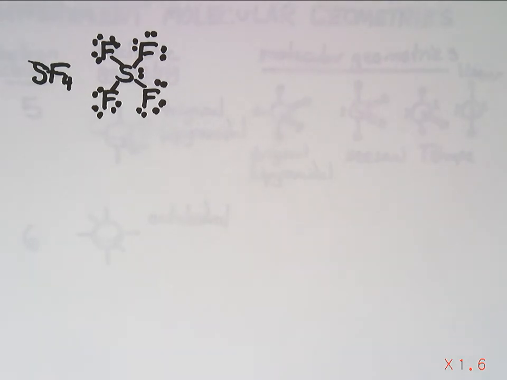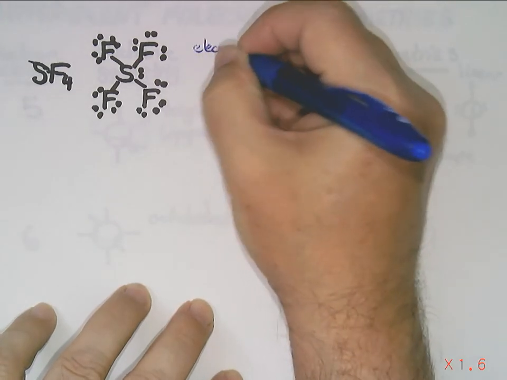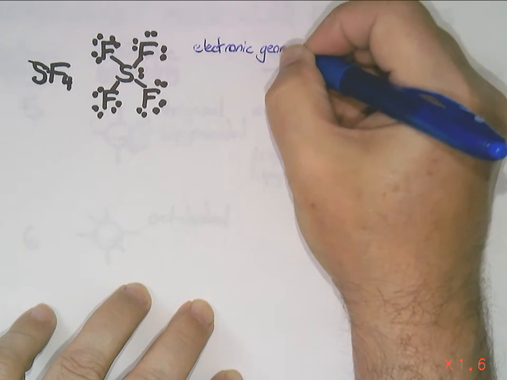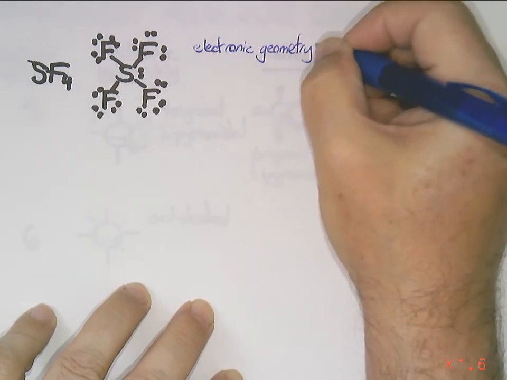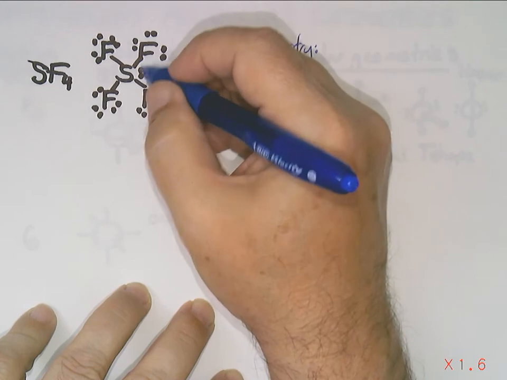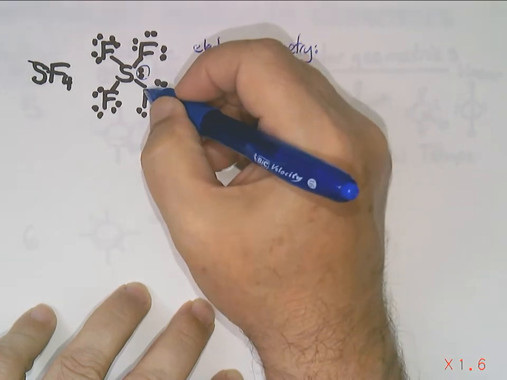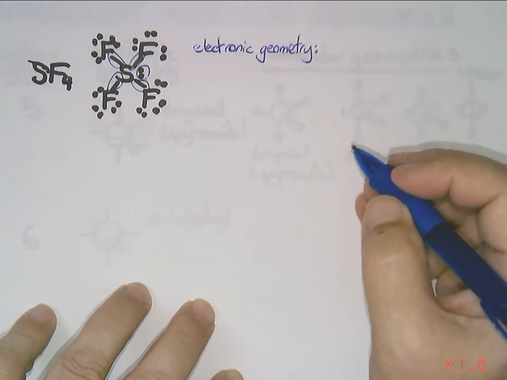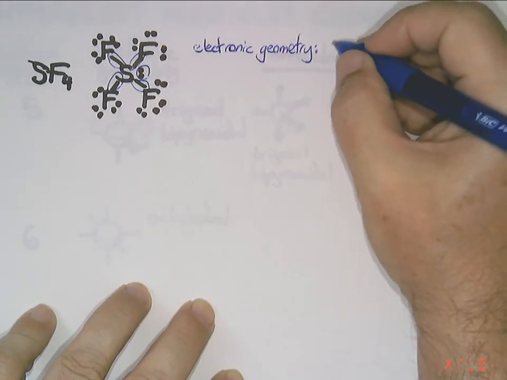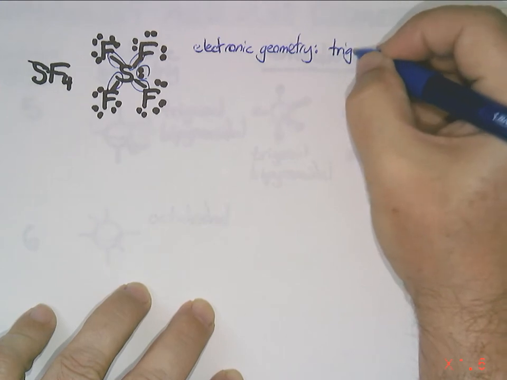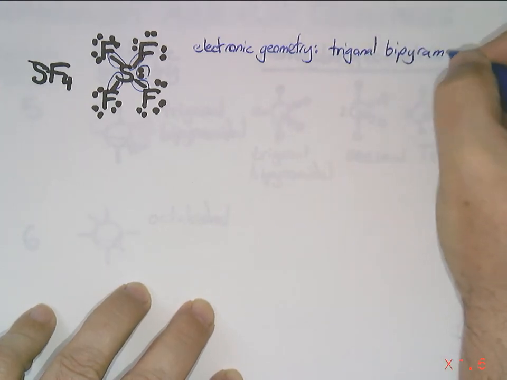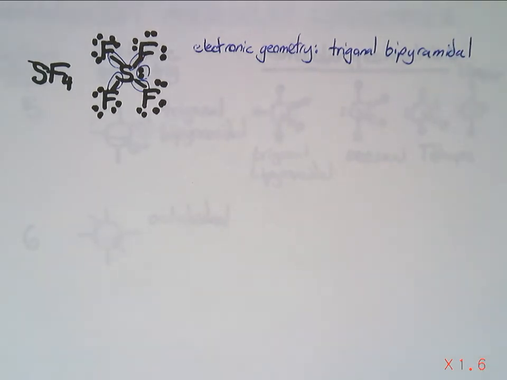What would you say the electronic geometry is going to be for this? Let's count how many clouds. A lone pair is a cloud. A bond is a cloud. There are 5 clouds, so it's got to be a trigonal bipyramidal electronic geometry.